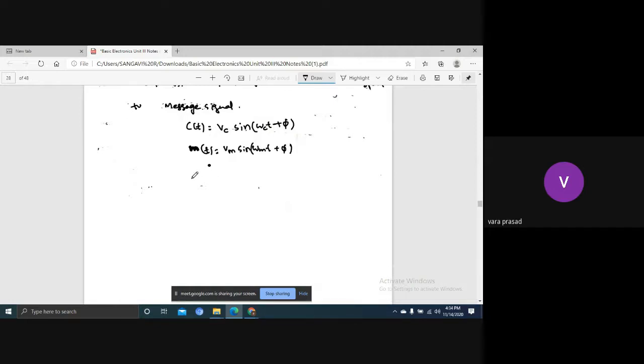Here omega c is equal to 2 pi fc into t. This one you can substitute: equation 1 and this is equation 2.